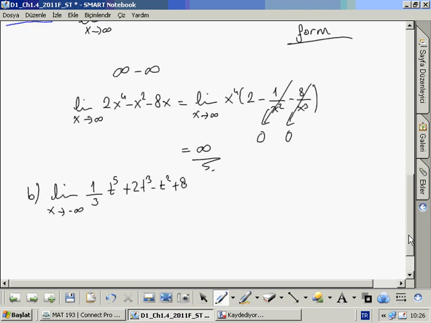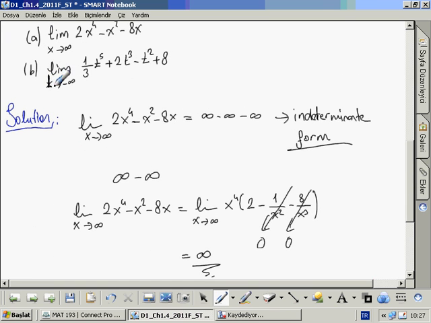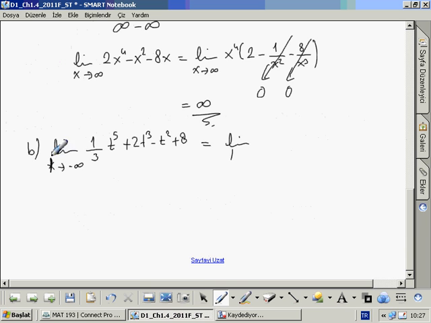We factor out the largest power, t to the power of 5, and we obtain 1 over 3 plus 2 over t squared minus 1 over t cubed plus 8 over t to the power of 5.